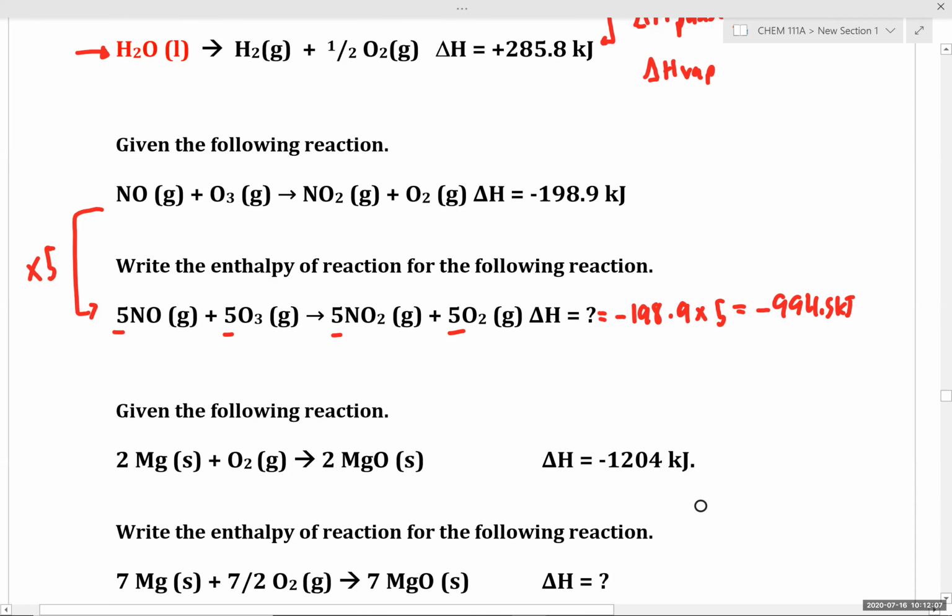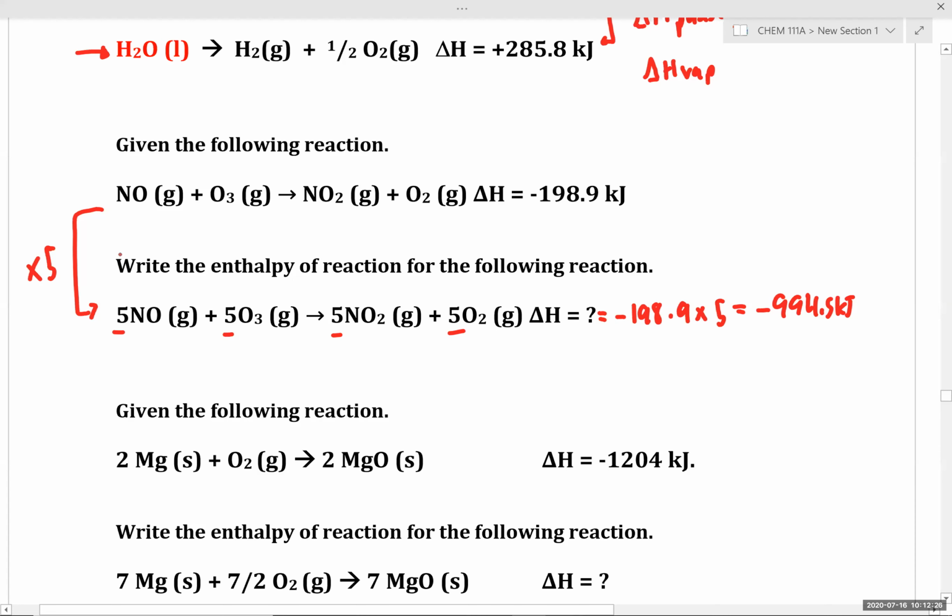Does it make sense how we modify an equation's reaction enthalpy when we modify our coefficients? Why did you do times 5?